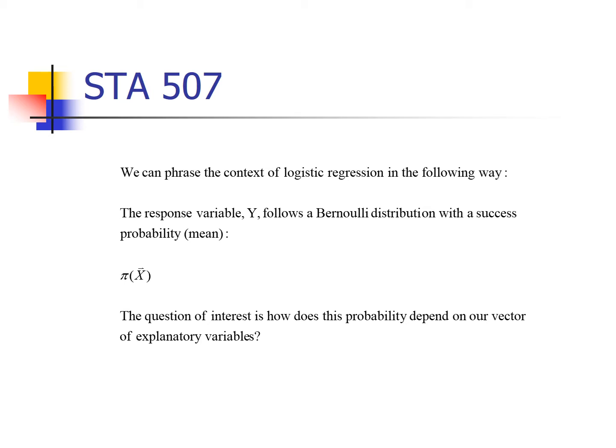So maybe y is whether or not you're going to default on a loan, and pi is the probability of defaulting, but that probability is maybe a function of a bunch of other things: whether you've defaulted on a previous loan, whether or not you're currently employed, what your average salary is, how old you are, your credit rating.